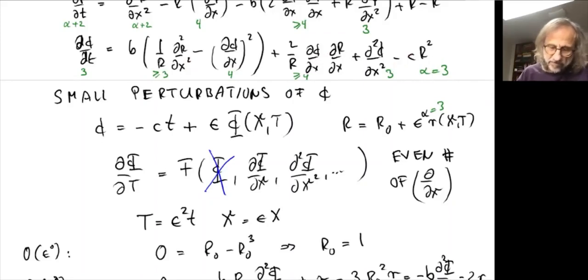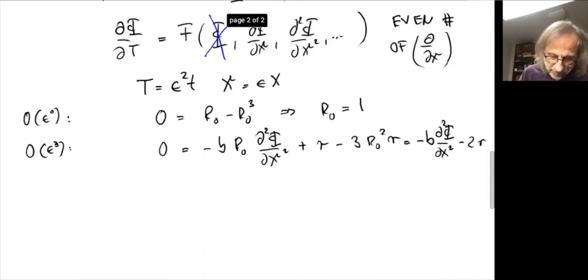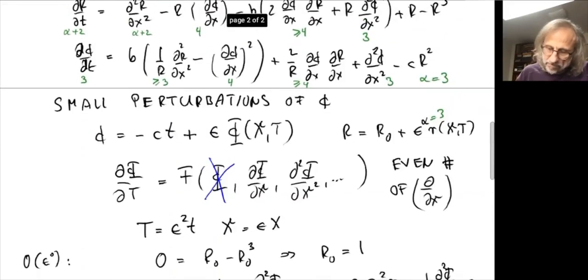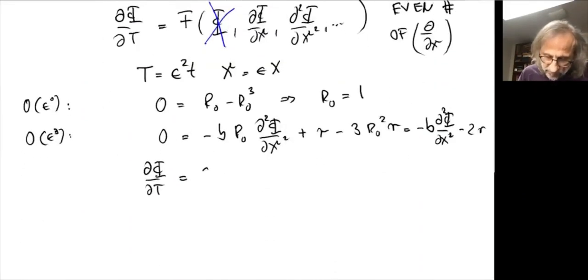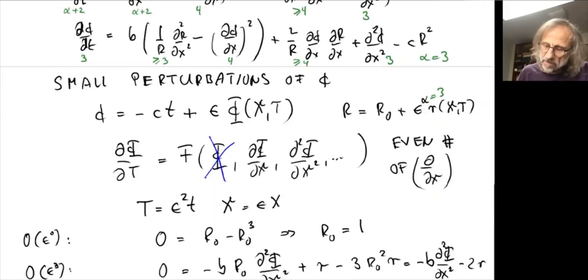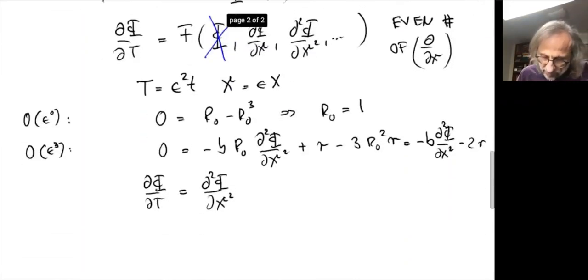And so we get the equation d capital Phi by d capital T is equal to the diffusive term d2 capital Phi by dx squared minus c r squared. The r squared gives us 2 r0 little r, so minus 2 r0 times c little r. And so we simply need to solve for little r.